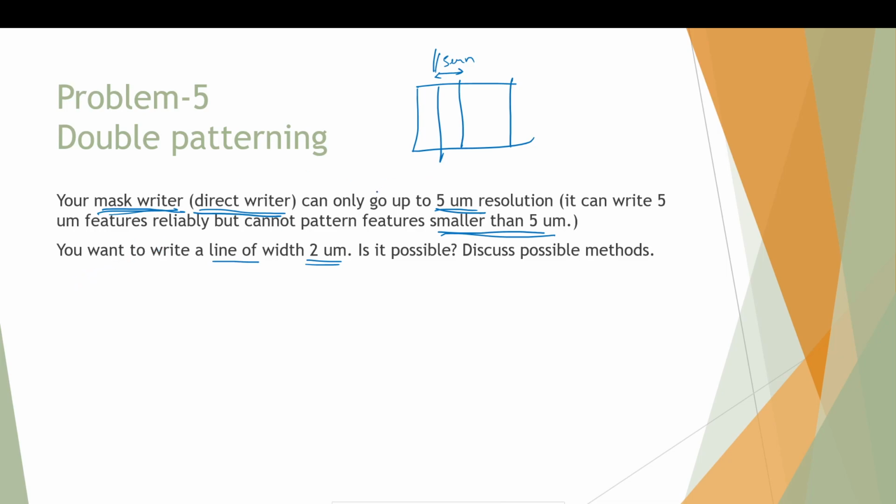One thing is why we are limited to this 5 micron resolution. You can say that if the direct writer uses a laser which has lower wavelengths, then we can write even smaller features, right? So we can reduce lambda, go for lower lambdas.